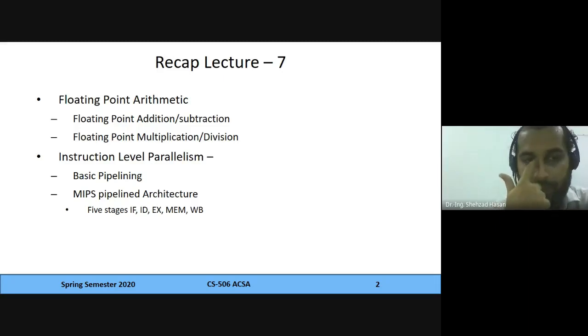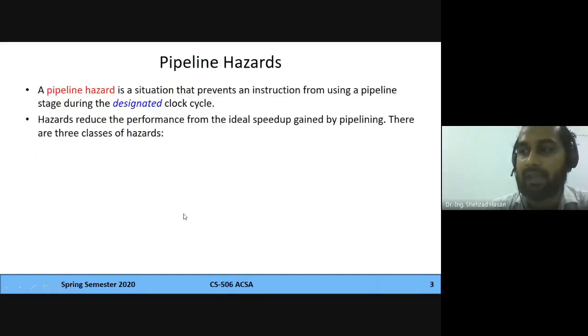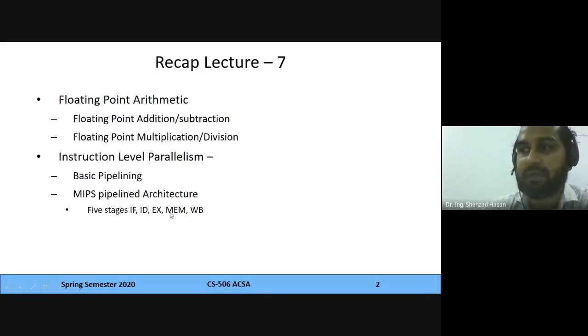Since MIPS is a RISC processor, this memory stage is only utilized by two instructions: the load instruction and the store instruction. The load and store instructions are going to use the memory stage.